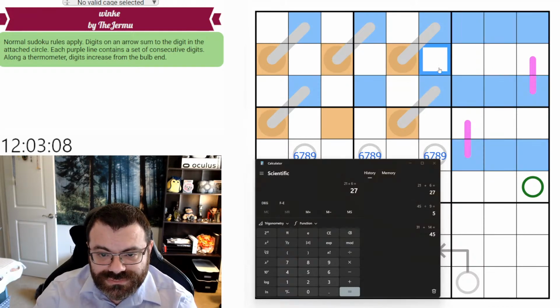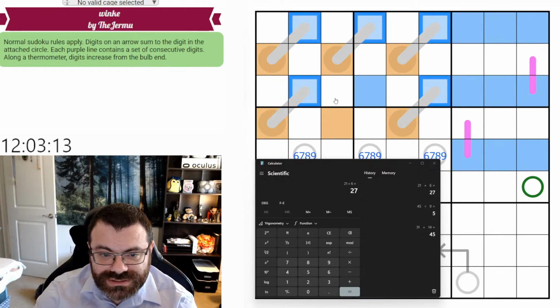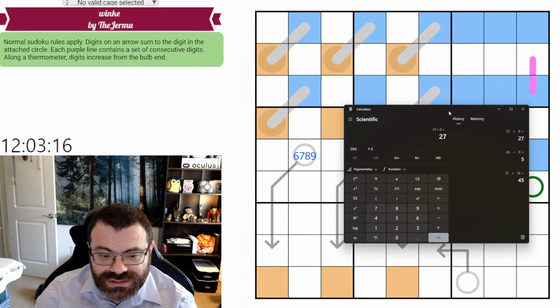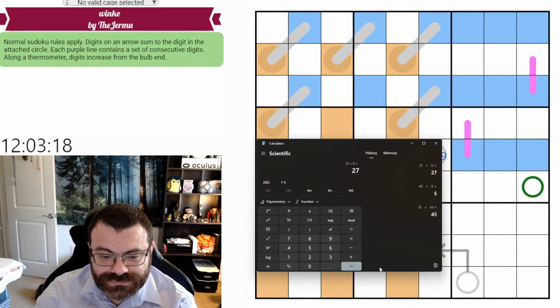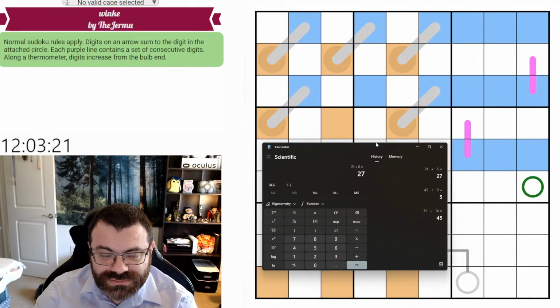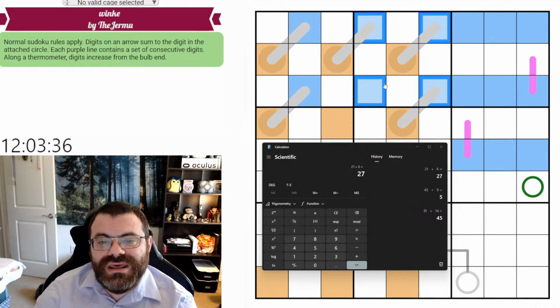And then, well, now how do we want to think about these cells? So there's an interesting thing here where I guess I could do 2, 3, 4, 1.